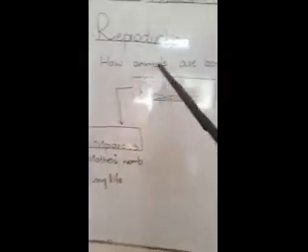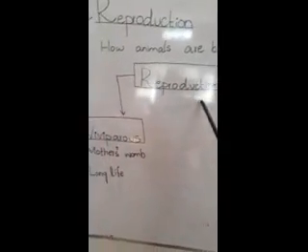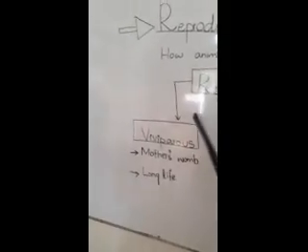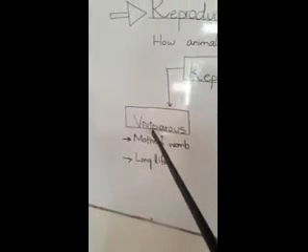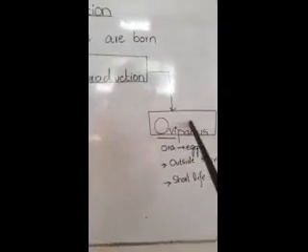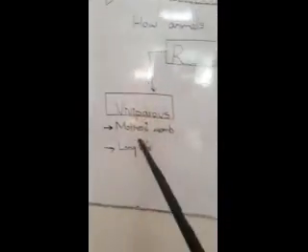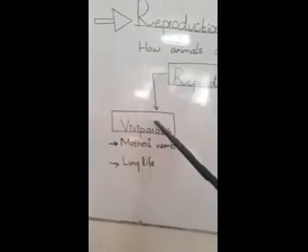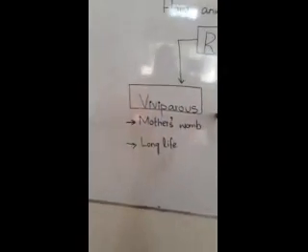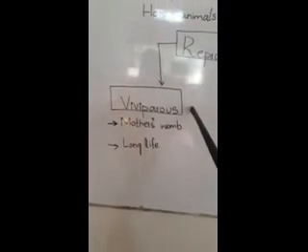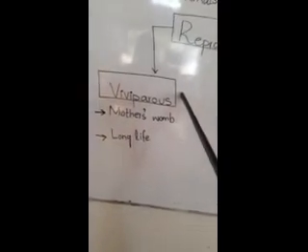Reproduction meaning how animals are born. On the basis of reproduction, animals are classified into two categories: viviparous and oviparous. Pronounce with me: viviparous and oviparous. First of all, we will discuss what are the animals that are categorized under the heading viviparous.